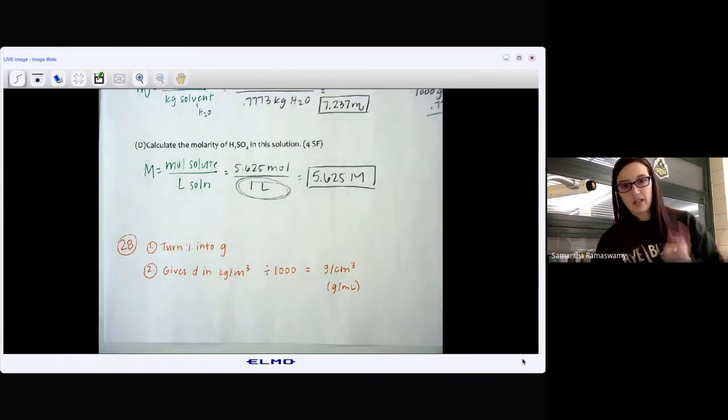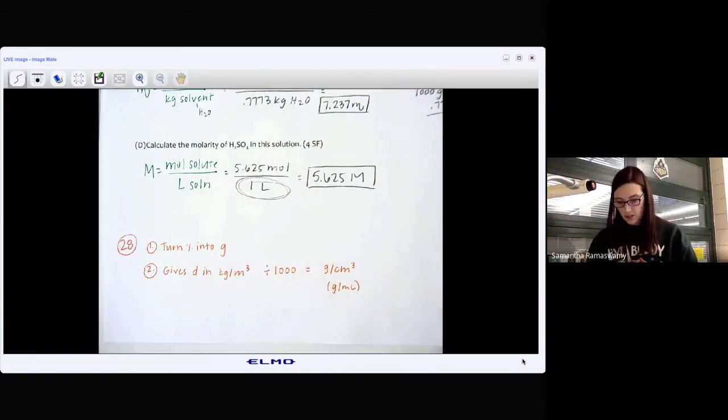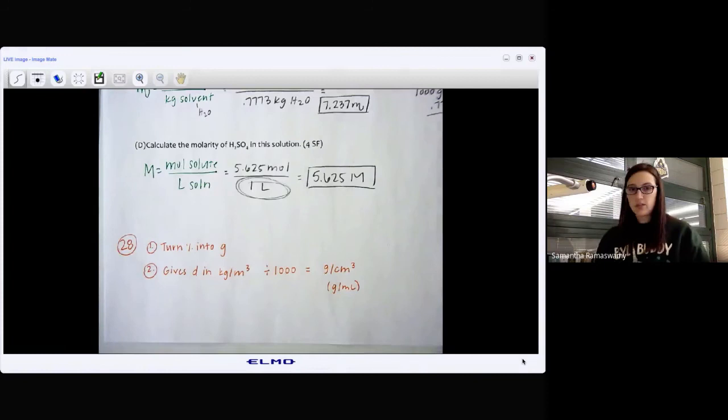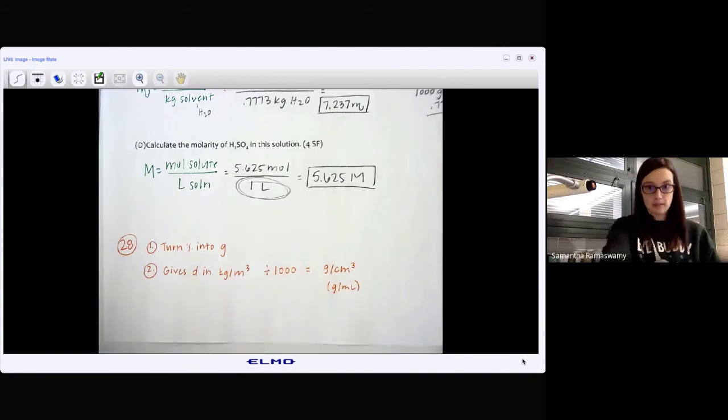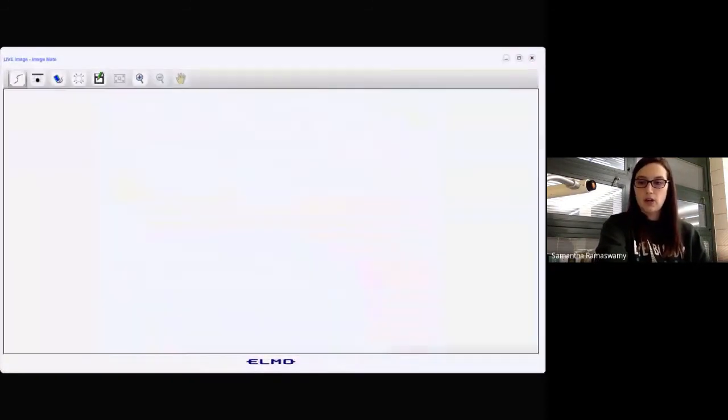So that's just another hint for 28. You'll need the density. So just divide the density that's in kilograms per meter cubed by 1,000. That'll give you grams per centimeter cubed, which will be the same as grams per milliliter.